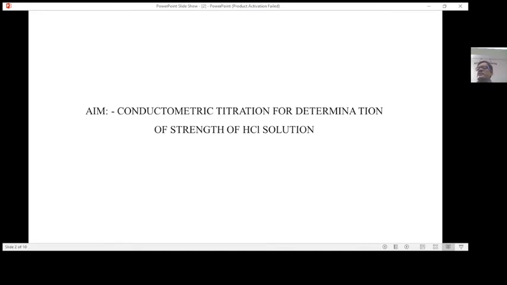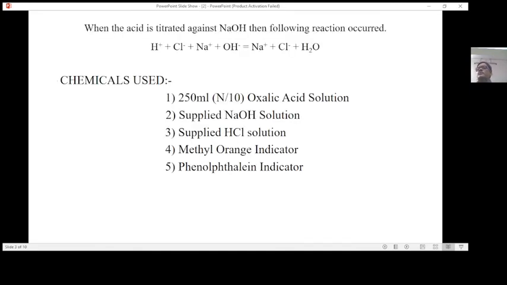As it is HCl, we have to know the reaction: HCl reacts with NaOH to form NaCl. In the volumetric class we have to take the oxalic acid N/10 solution, approximate.